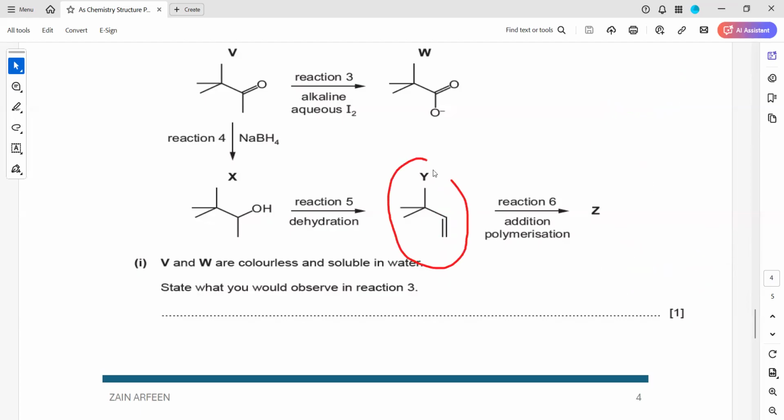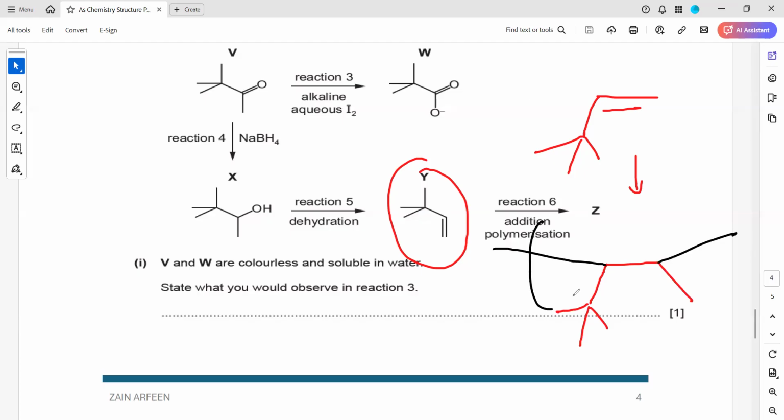So I flipped this molecule. The carbon-carbon double bond is there, and then these three. Now I want to draw a polymer, so the same structure I will draw, but without a double bond, and then link them together, put a bracket and write n. So this is the polymer, if n molecules of this combine to form a long chain compound.